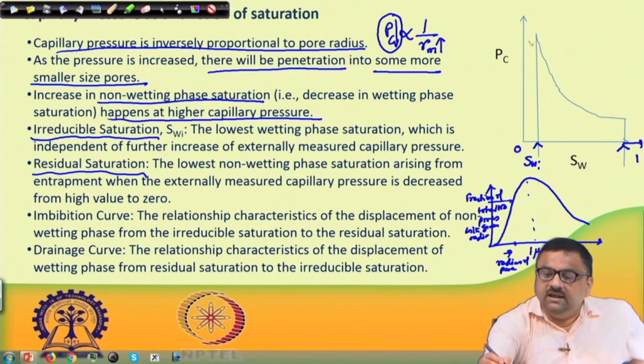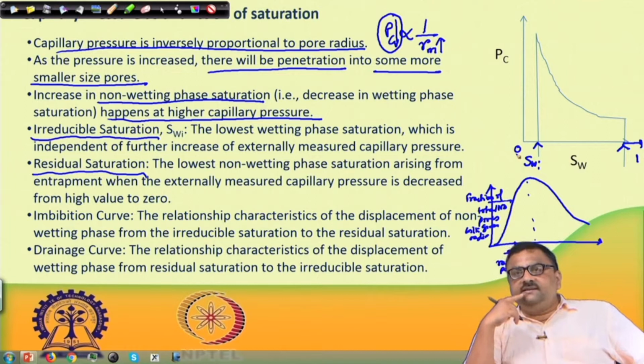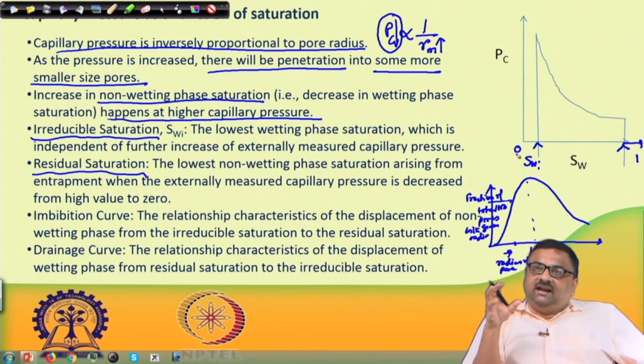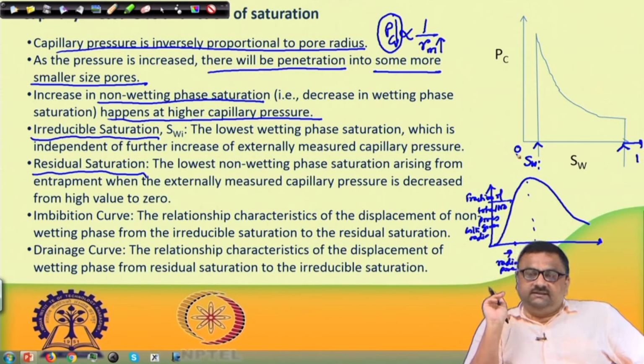That means, if we continue to increase the capillary pressure, we will see that this becomes a straight line like this, but saturation is not decreasing any further. What does this mean? I have a porous medium filled with water. What was the saturation at that time? SW is equal to 100% water saturation, a single phase present in the system.